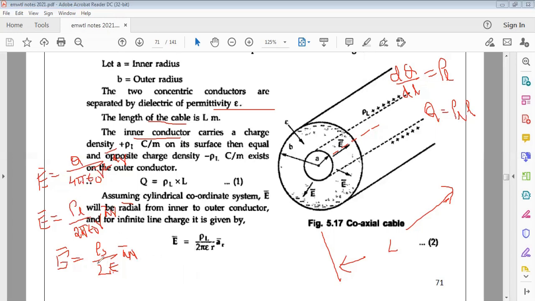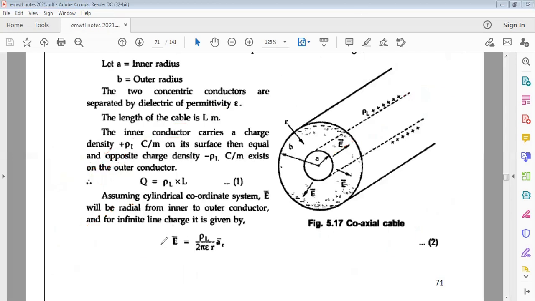These are the formulas we have for electric field intensity for a point charge, an infinite line charge, and an infinite sheet of charge. So here I use the infinite line charge, E bar is equal to rho L by 2 pi epsilon naught R into AR bar.